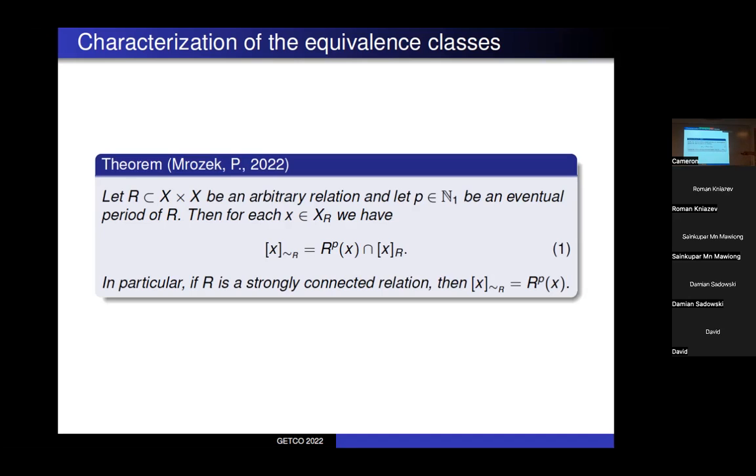So in the particular case of a strongly connected relation, the class is equal just to R^p of x.